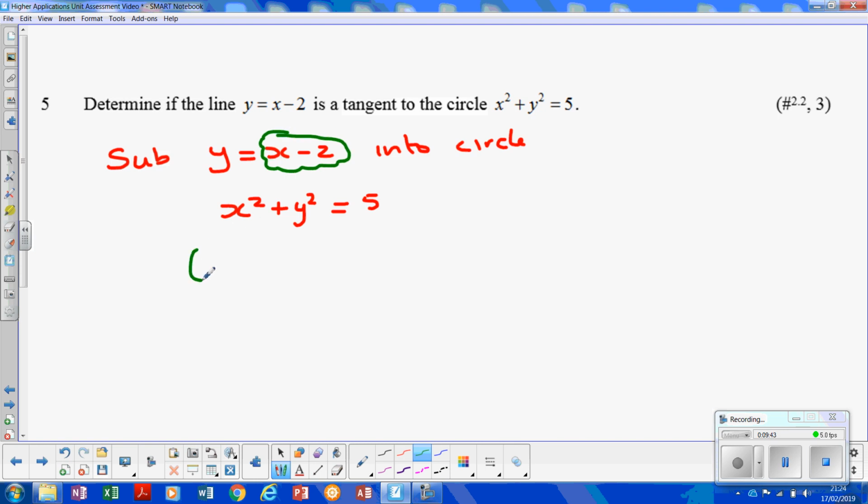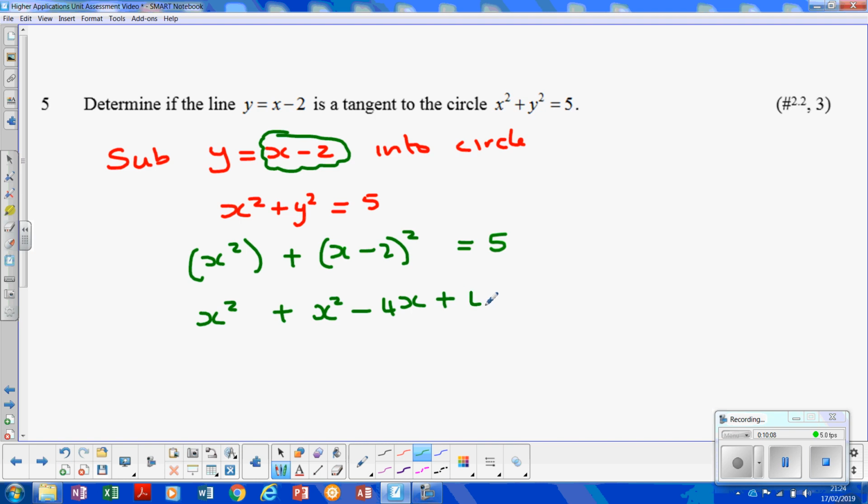So x squared plus y squared becomes x squared plus (x minus 2) all squared, and that should be equal to 5. I'm going to square out this bracket the quick way: square the first is x squared, multiply the two of them together and double it is minus 4x, and square the last, so minus 2 squared is plus 4. Now all of that is equal to 5.